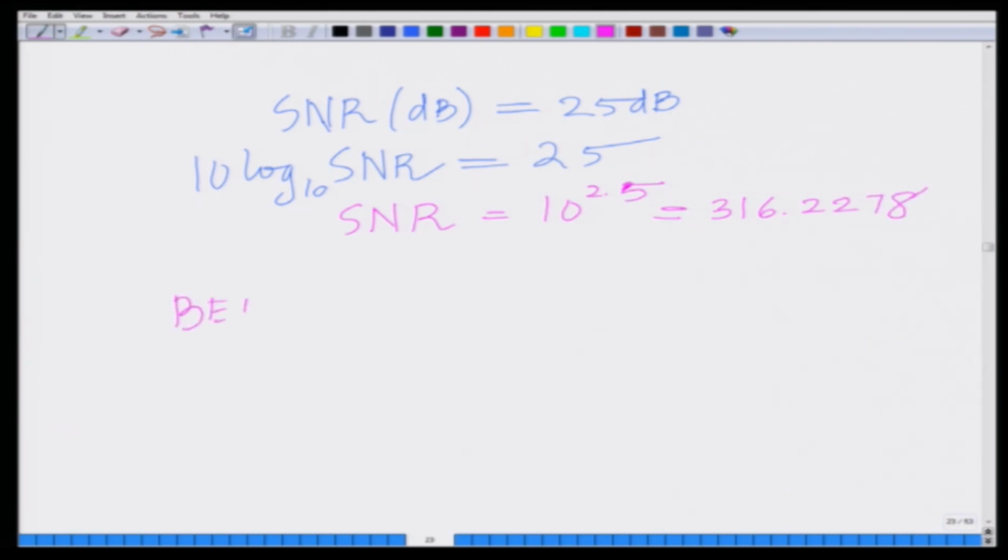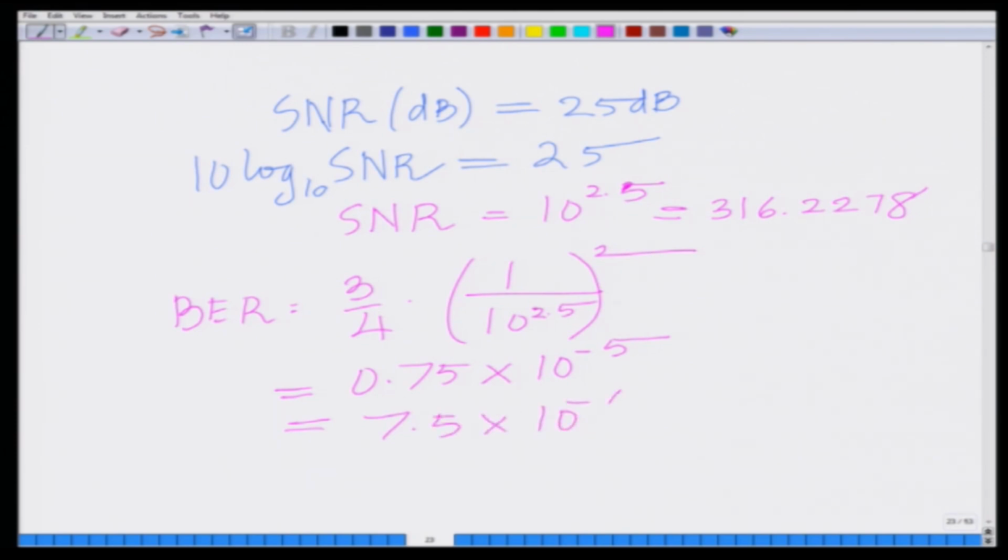Therefore, the bit error rate is equal to 3 by 4 times 1 over 10 to the power of 2.5 whole square, which is equal to 0.75 into 10 to the power of minus 5, which is equal to 7.5 into 10 to the power of minus 6.